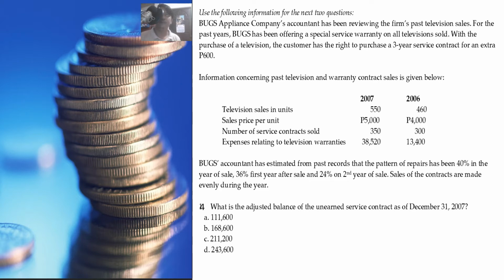For example, if the service contract was sold in 2007, 40% will avail in 2007. In 2008, 36% will avail of the service contract, and in 2009, 24%.